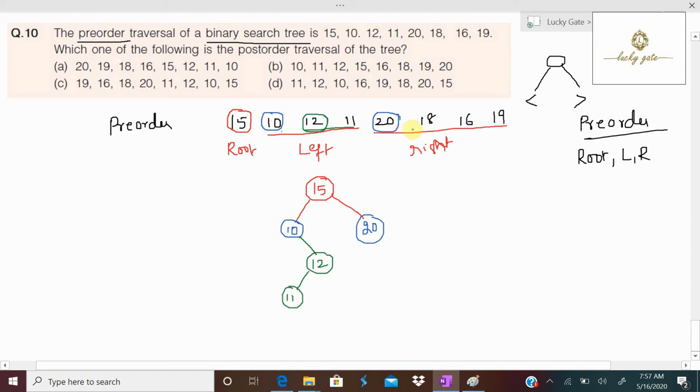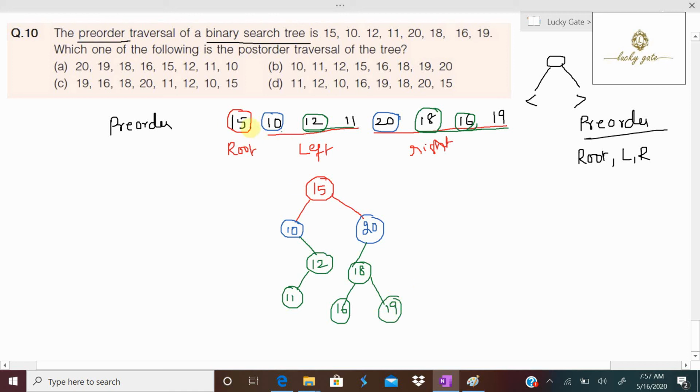Similarly for 20, 18, 16, 19 all are lesser values, so they should come to the left subtree, and in the left subtree its first value will be the root node of its subtree, so 18, and if 18 is the node, its left subtree will have 16 because it is a lesser value, and its right subtree will be 19 because it is a greater value.